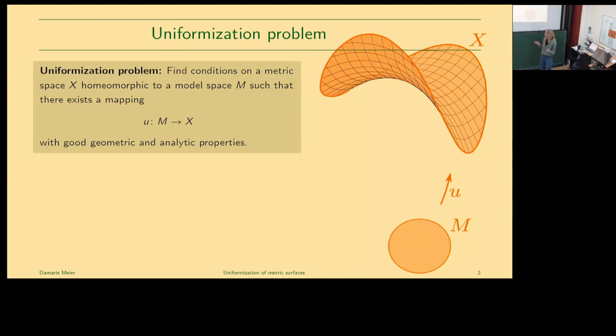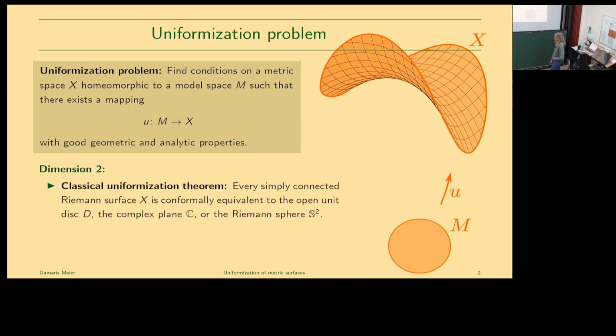So we're only interested in dimension 2, and probably most of you know a good answer to the problem in the smooth setting. Because there we know the classical uniformization theorem, which tells us that every simply connected Riemann surface is conformally equivalent to either the open unit disk, the complex plane, or the Riemann sphere.